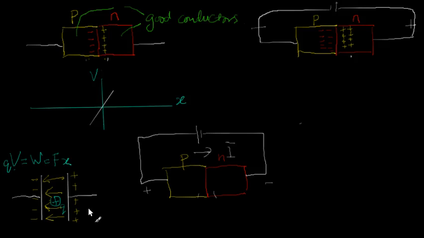So if there are no more forces when the positive charge is here, when you move it, you don't have to do any more work. So there will be no more change in the potential. So as far as the graph is concerned, there's no more change in the potential, so it would just stay horizontal.